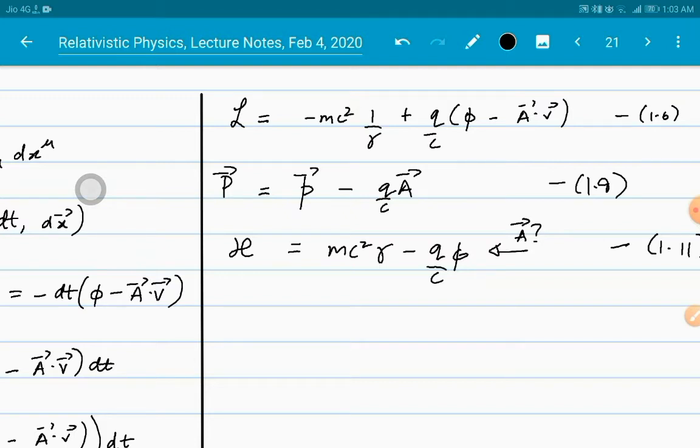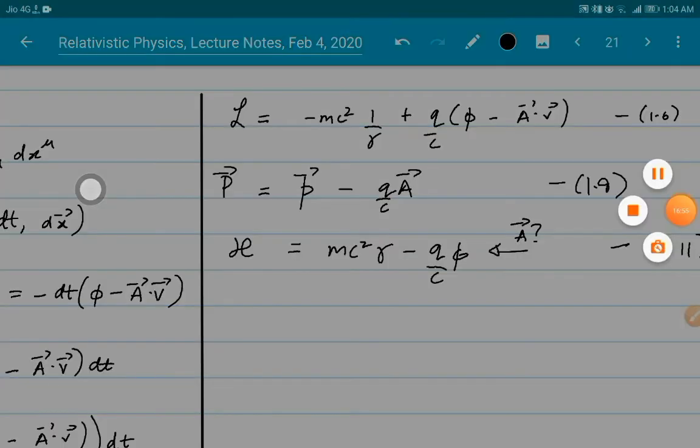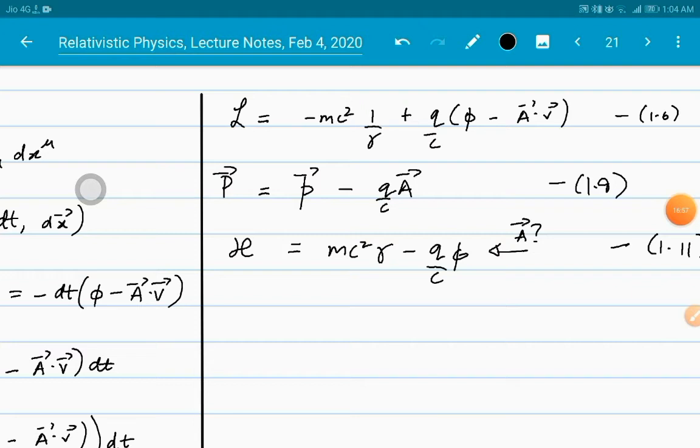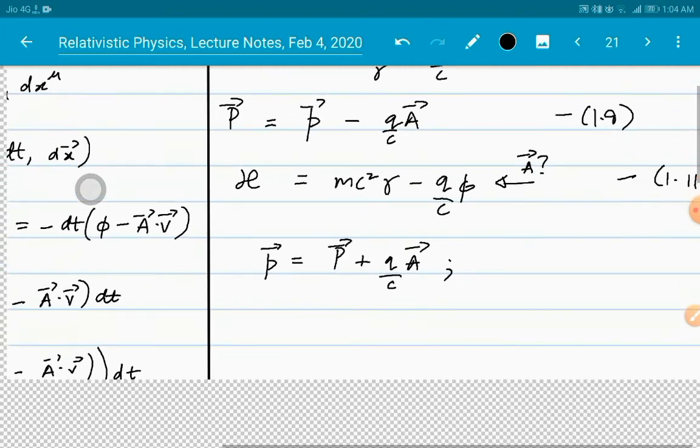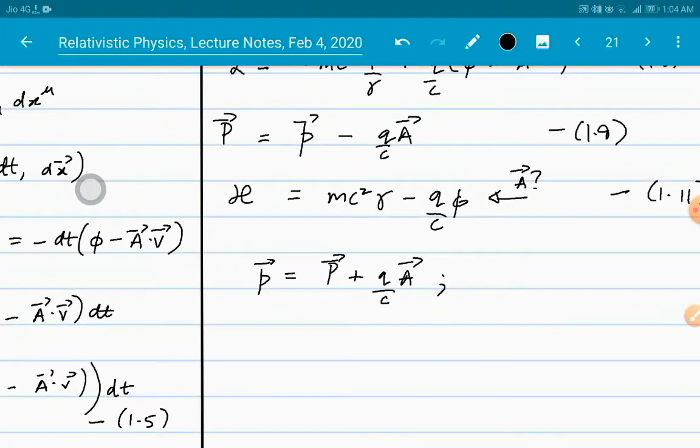Well, if you look at 1.9, we see that the mechanical momentum of the particle can be written as the canonical momentum plus this q by c times the vector potential. And similarly, from 1.11 we see that the total energy of the particle can be written as the Hamiltonian plus q by c times phi.